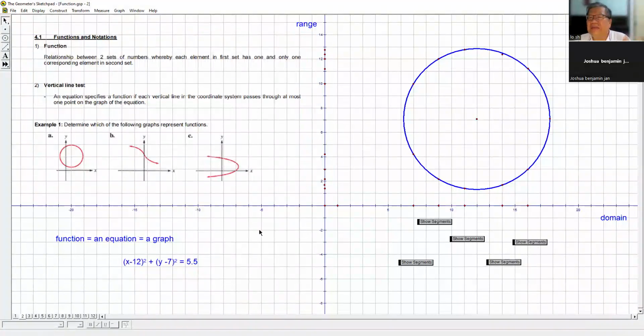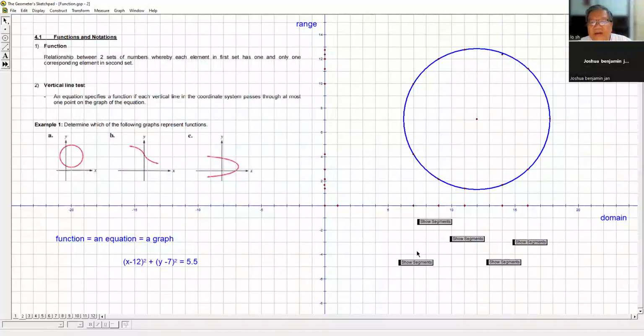Then you may ask, hey, how do I know just by looking at the graph whether it's a function or not a function? I'm going to explain to you. By looking at the graph, you will know whether this equation is a function or not. How?